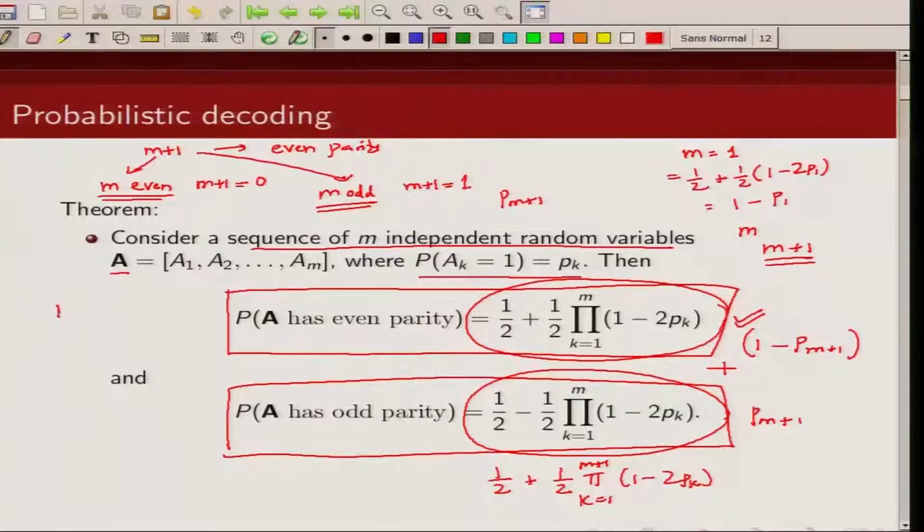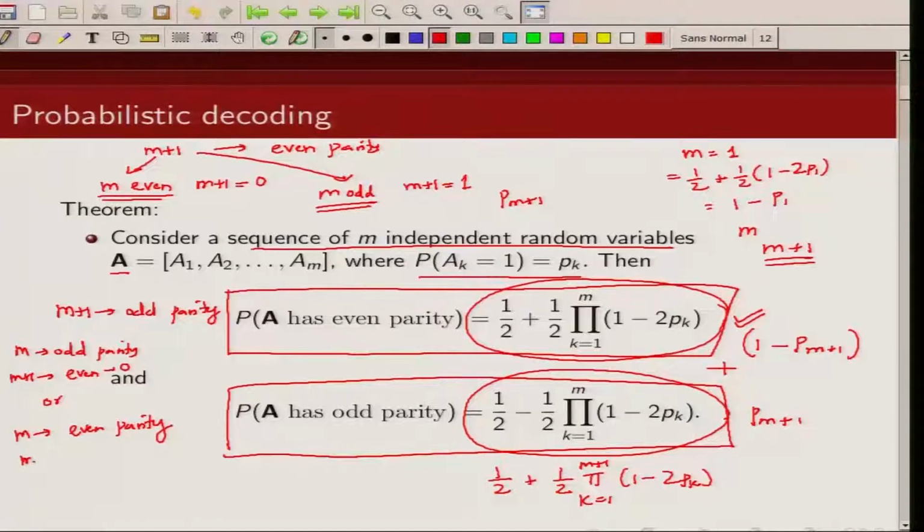Now, for m plus 1 to have odd parity, there are two ways: m has odd parity and the m plus 1 bit that we get is 0, or m has even parity and the m plus 1 bit that we get is actually 1.